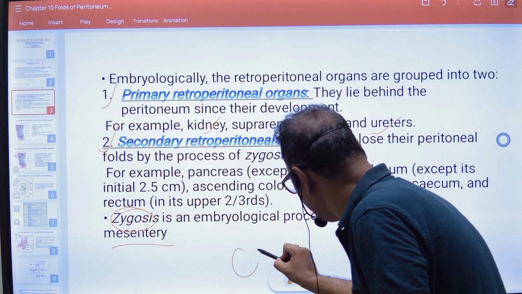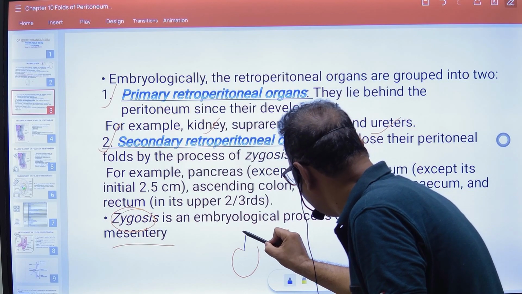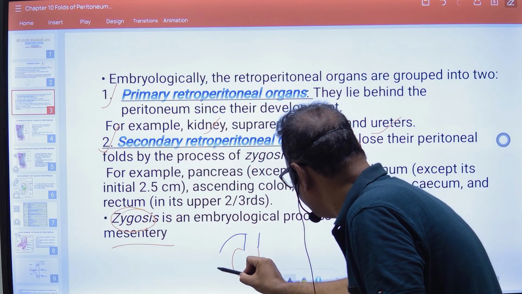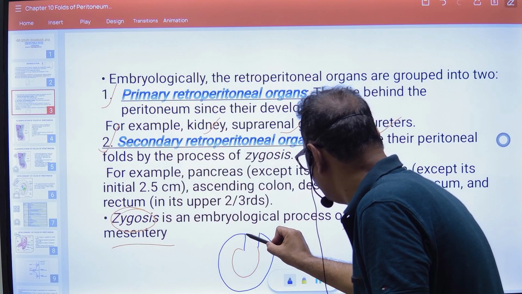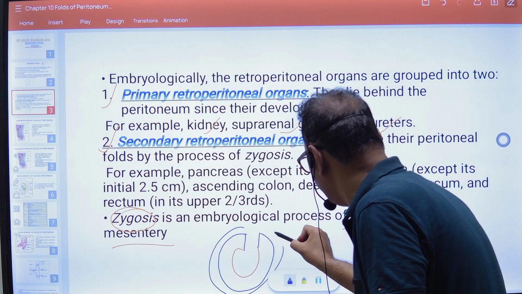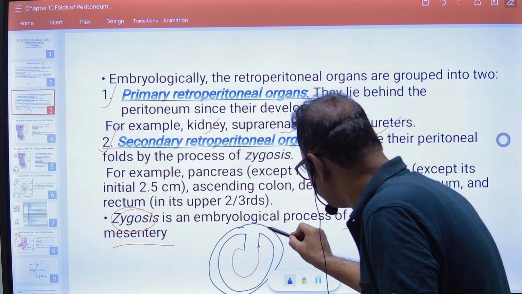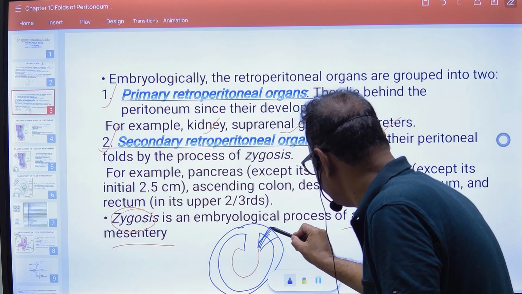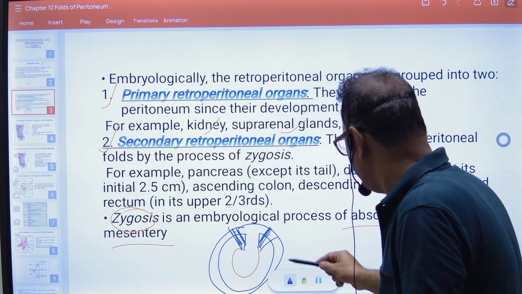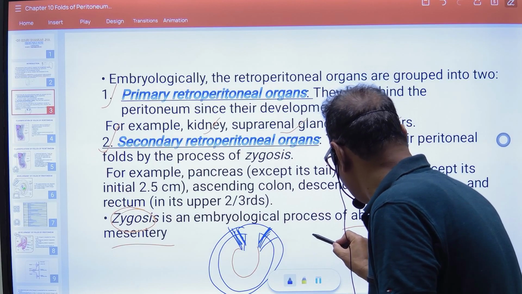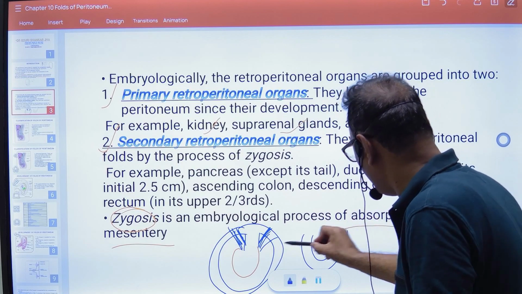This is the visceral peritoneum. We have got the parietal peritoneum over here, and this one is the body wall. So what happens over there? If this mesentery is being absorbed, it has got only one covering over here.